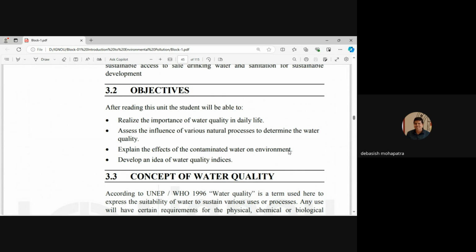After reading, students will be able to realize the importance of water quality in daily life, assess the influence of various natural processes on water quality, and explain the effect of environmental water on underground water.